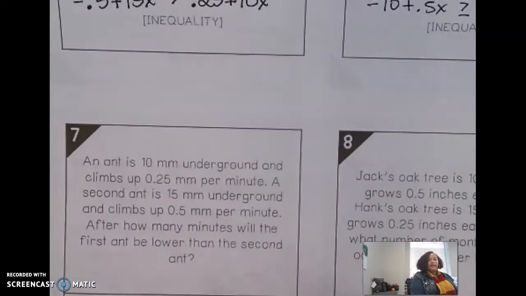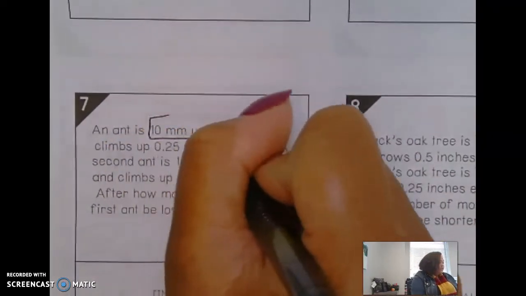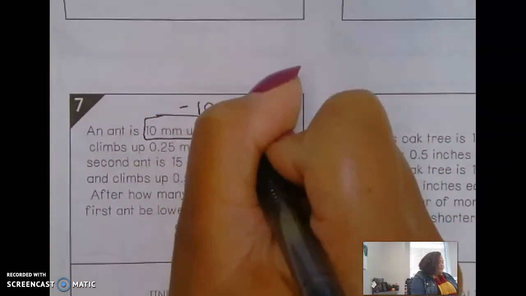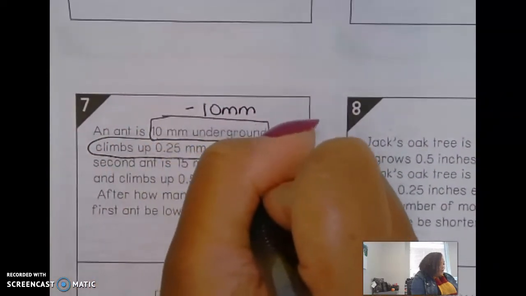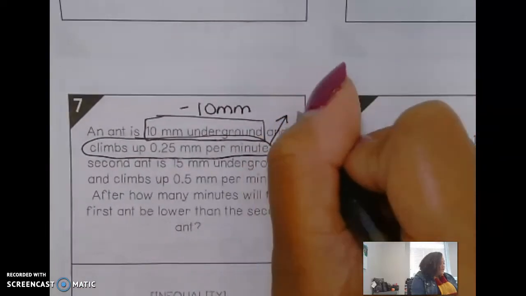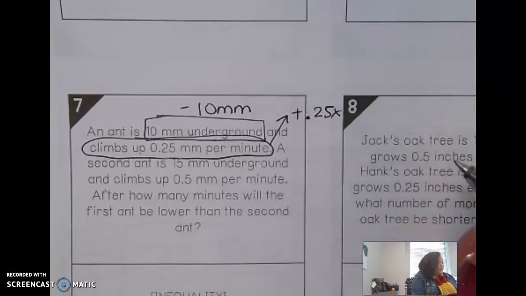An ant is 10 millimeters underground. Underground means he is below ground. This is -10 millimeters. And climbs up 1/4 millimeter per minute. So this is plus 0.25 per minute x.